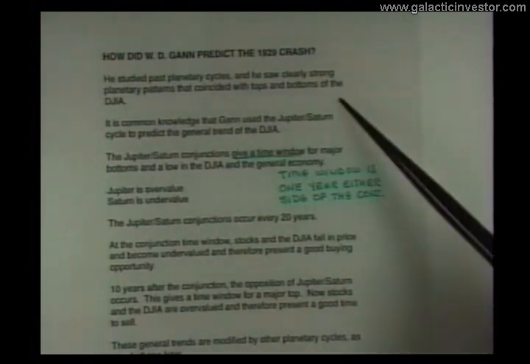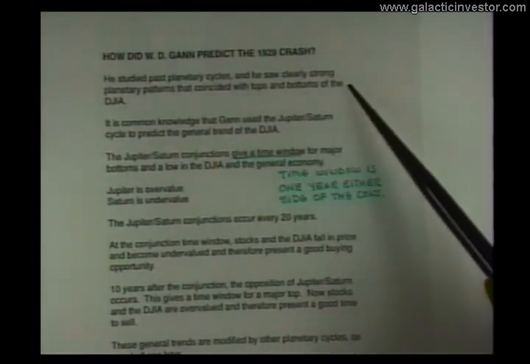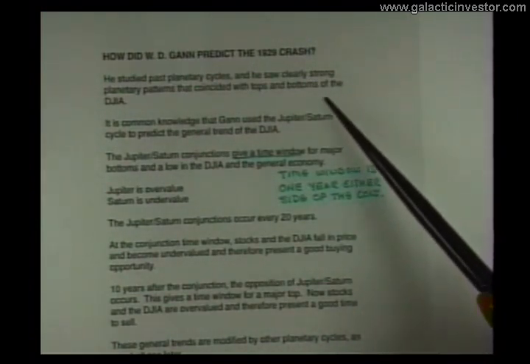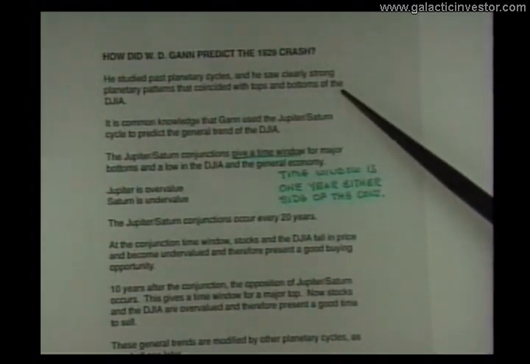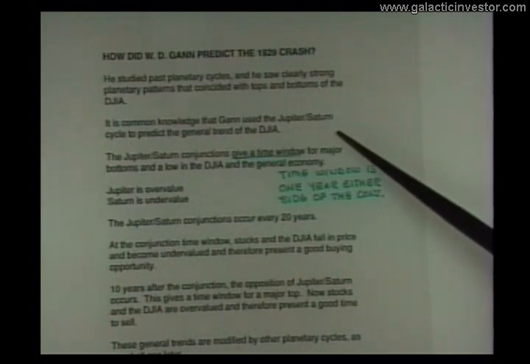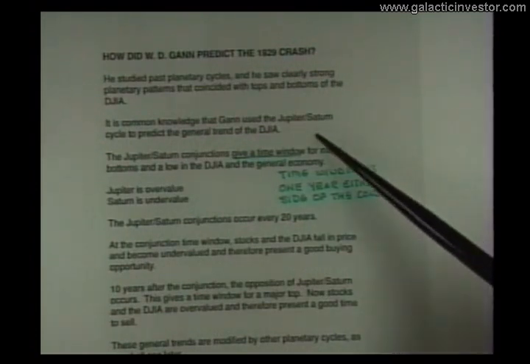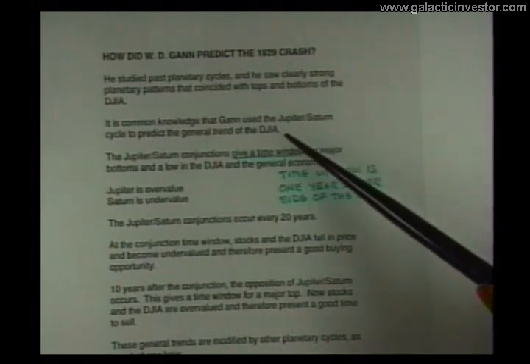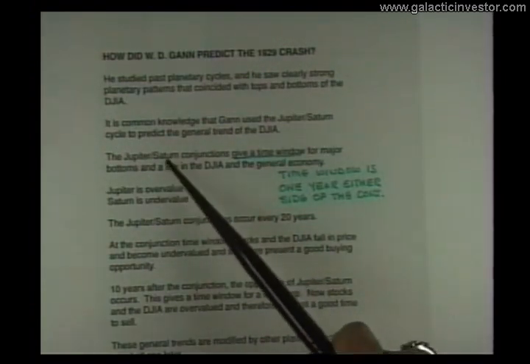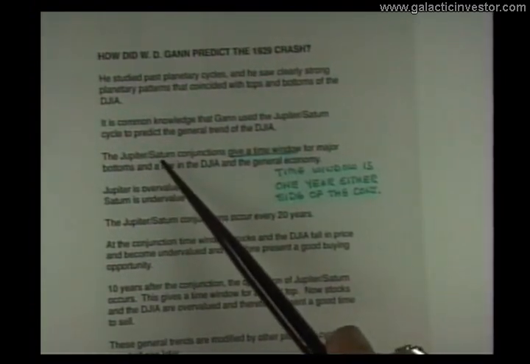Well, the reason W.D. Gann, first of all, was able to predict these cycles was because he studied past patterns. And he saw clearly that there were strong patterns that coincided with tops and bottoms on the Dow. He used the Jupiter-Saturn cycle, which it tells you about right here. And from the Jupiter-Saturn cycle, he predicted the general trend of the Dow Jones. And he used the Jupiter-Saturn conjunctions that we've just looked at on our long-term chart.